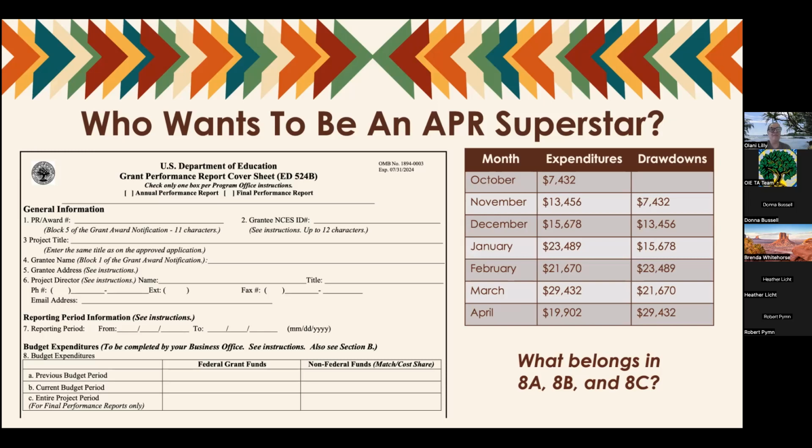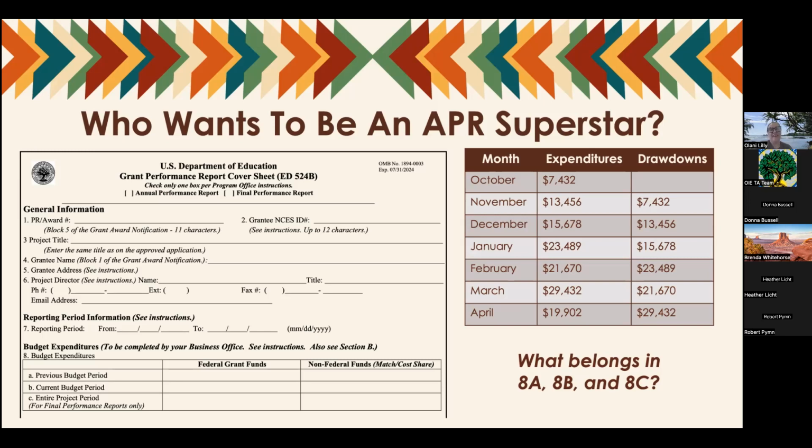This question is asking you, what belongs in 8A, 8B, and 8C? Since most of you are first year grantees, let us assume that this APR is for the first year of a grant life or award.